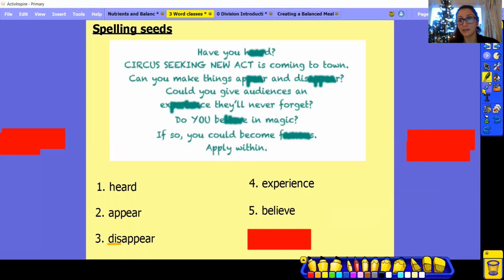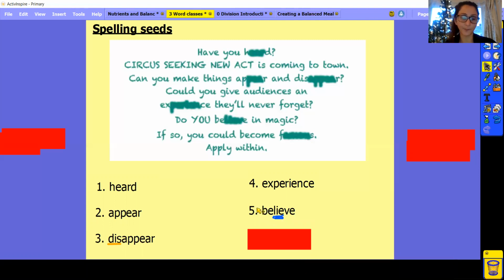Remember, we did this one when we did our tin forest. So believe. In order to believe, I always say you have to tell a lie. Everyone forgets about the second E, okay? Remember, in order to believe, you have to tell a lie. That's the best way I can remember believe.